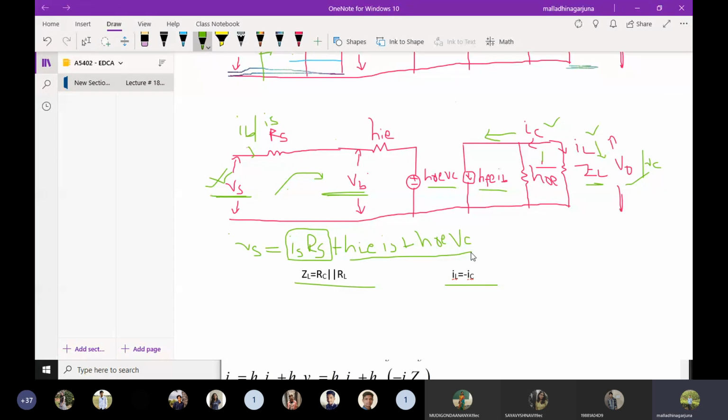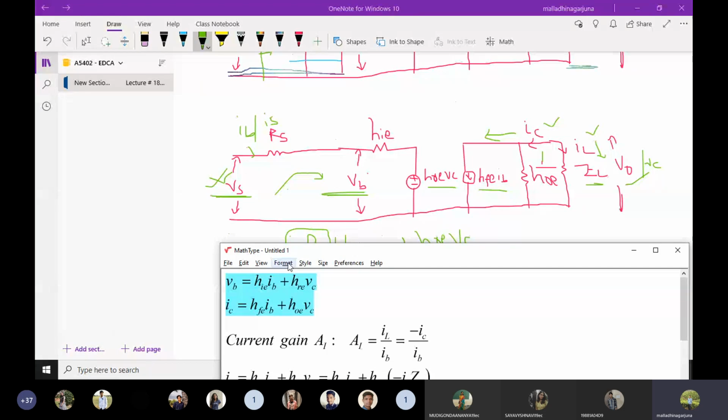So I can change this equation: Vs equal to RS IB plus the earlier terms, with IB or IS so that there is no change in the IB representation, because in the series connection both are the same. If you take Vs, the source resistance adds an extra component to the equation, that is RS IB.